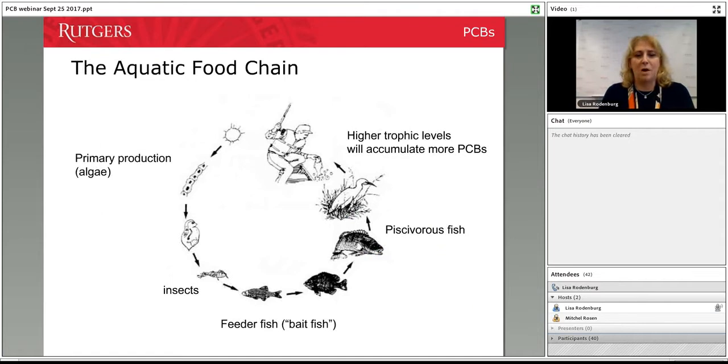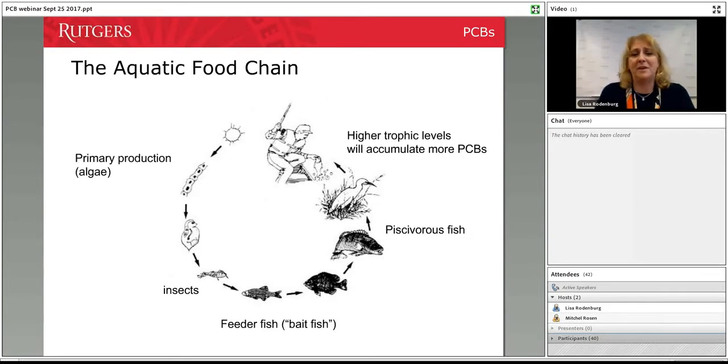So here's an example of the aquatic food chain, and this is very similar to the one I just showed, where the polar bear was the apex predator. But this is making very clear that it's really human beings that are the apex predator in most of these environments. Excuse me. It's ragweed season.